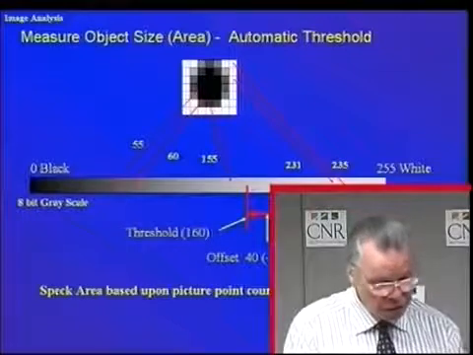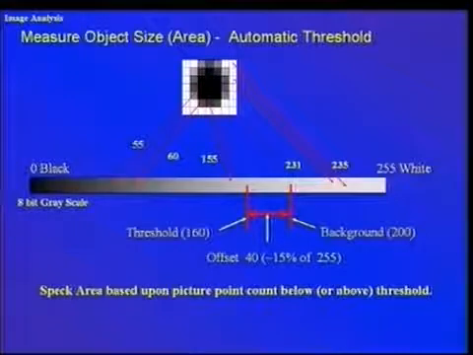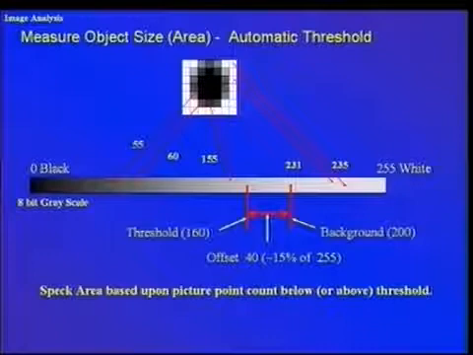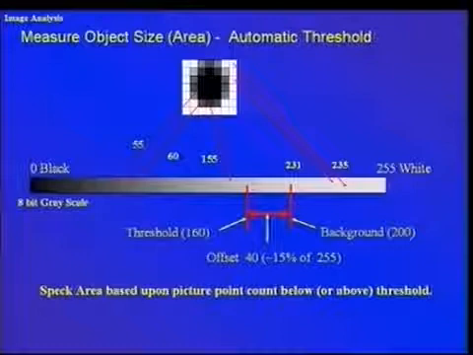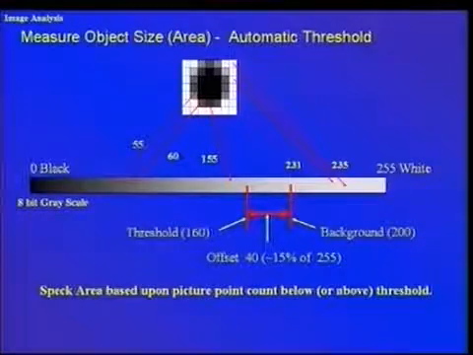As I said, the pixel count below the threshold becomes a consideration in determining the value or the size of the speck of interest. The software will go through the entire image, determining which pixels qualify as part of a speck, and it will then determine which one of those pixels is touching another and begins to form an object.